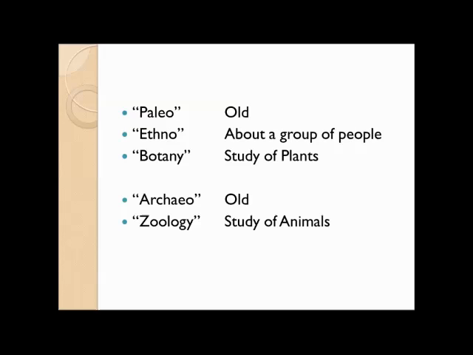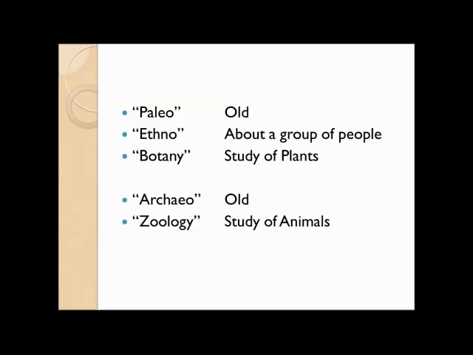I already defined these at the beginning of the course, and this slide just shows you the breakdown of the words. Again, I would never test you on the Greek and Latin roots of the words, but I do find it helpful to remember what some of these unfamiliar words mean. So paleo, ethno, botany: old, people, plants. Botany, study of plants; ethno, about a group of people; and paleo, old.